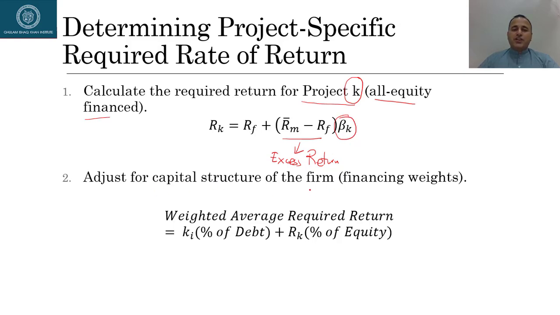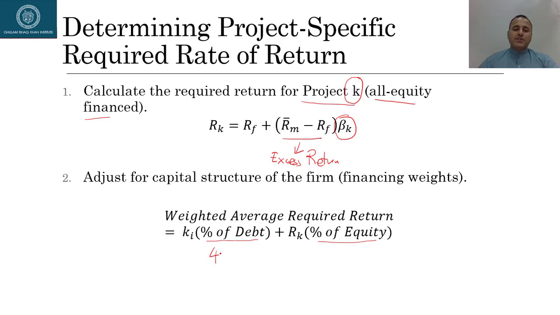Now, adjust for capital structure. In the second step, if you use an all-equity beta, it wouldn't reflect the true return of the project. You have to adjust for the weights of different financing options. For example, if you would use a certain portion of debt and a certain portion of equity to finance that project, you use those weights.